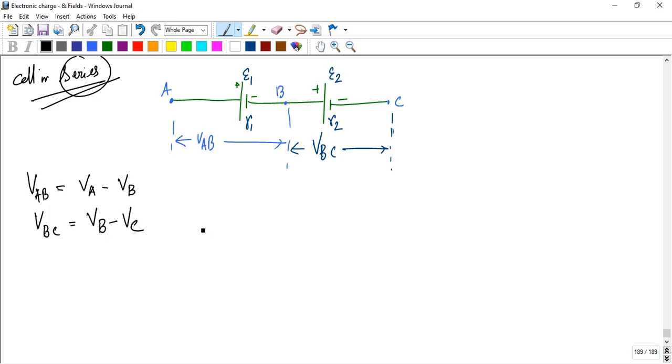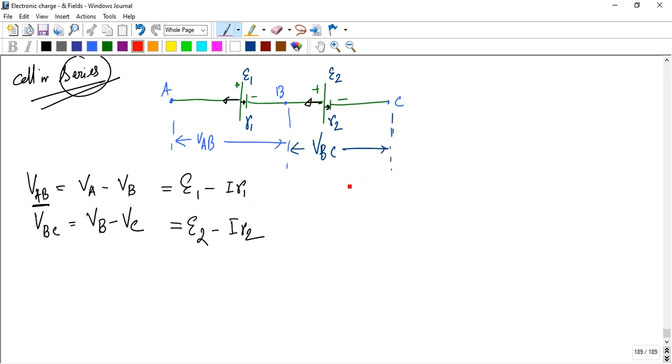For VAB, see very carefully: there is EMF 1 in that direction and the current through the internal resistance in the opposite direction, so minus I R1. Similarly, VBC is epsilon 2 minus I R2. Both currents are the same because they are in series connection.